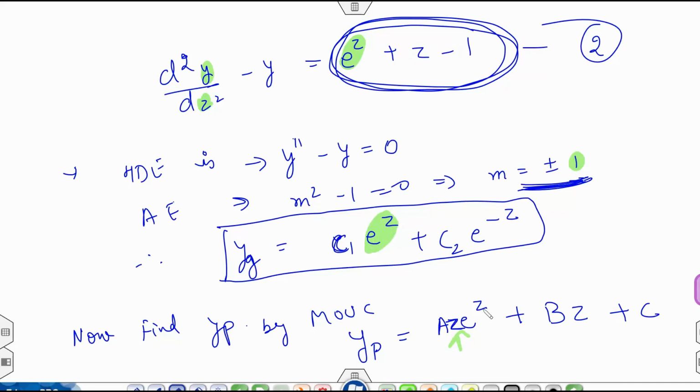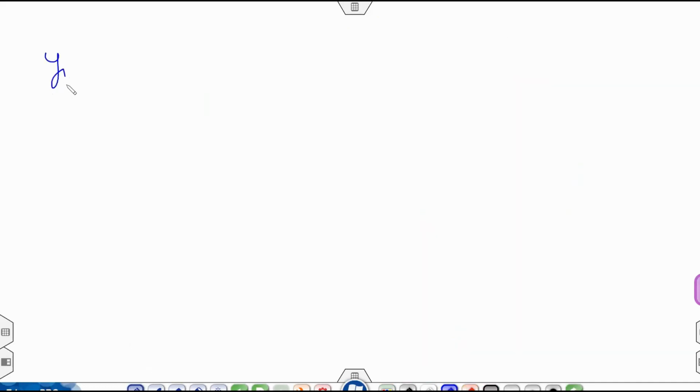So in yp you need to multiply this with z. So let us find yp dash and then yp double dash, and then substitute to find a, b and c. So our work will be done.